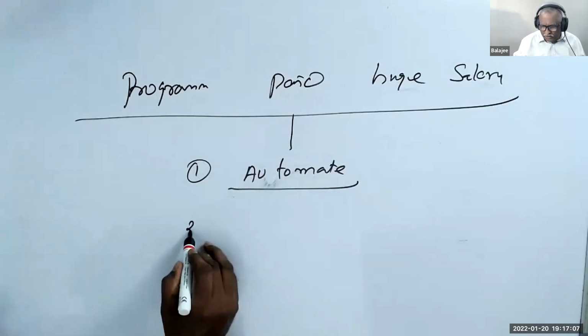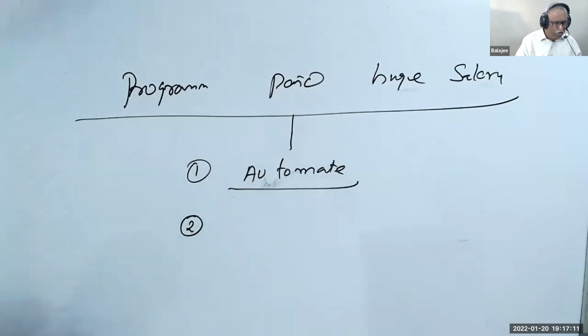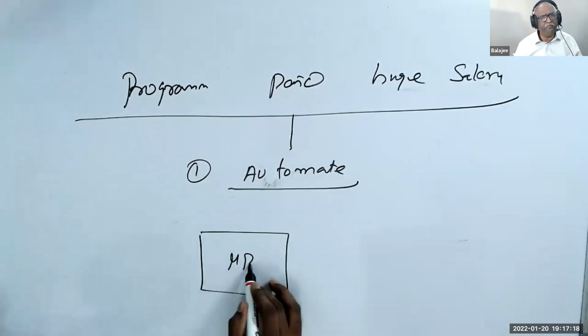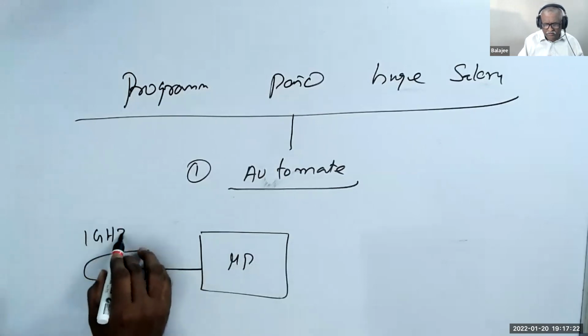The second thing is very important. One is automate. The second thing is, you know, if you buy a microprocessor-based design which runs at a 1 gigahertz clock, assuming.